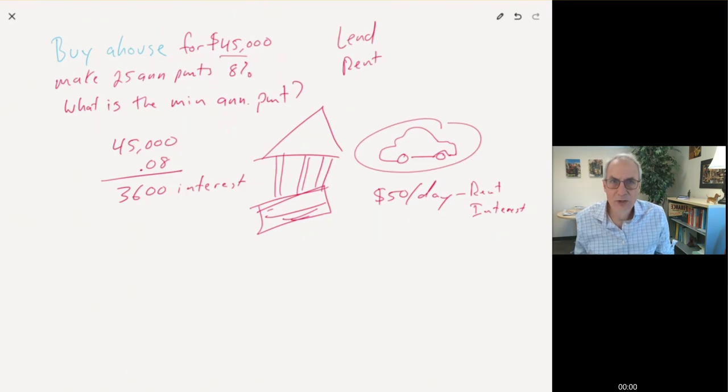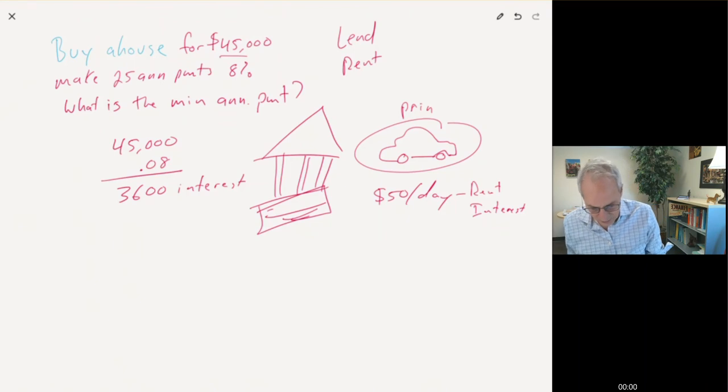The car is what you borrow. That is like the principal. You always have to give that back sometime. How long you keep it is going to determine how much interest you're going to pay. So same thing if you rent a house. Many of you are renting a home right now, and the longer you stay there, the more rent you have to pay, but eventually you have to give the home back.